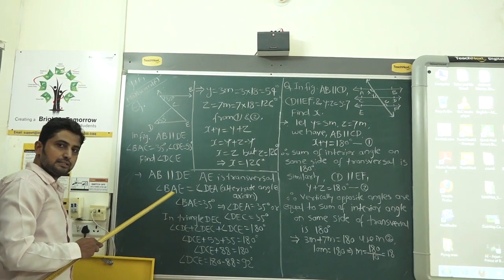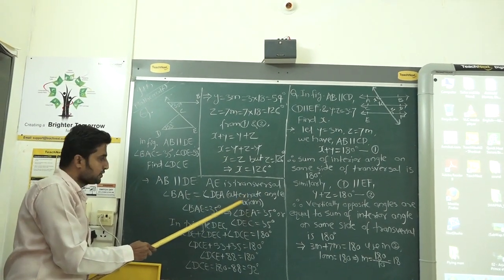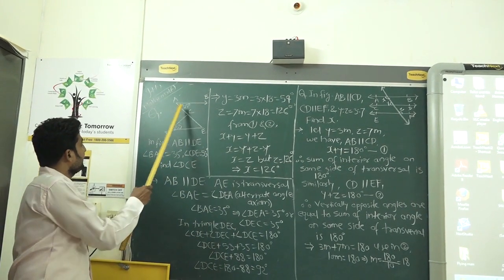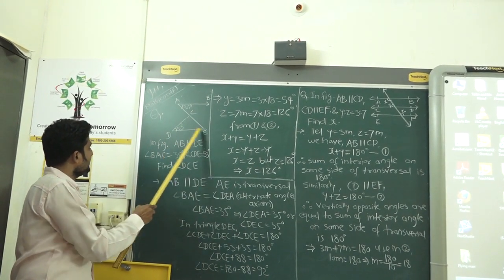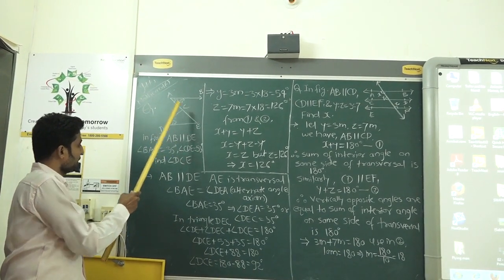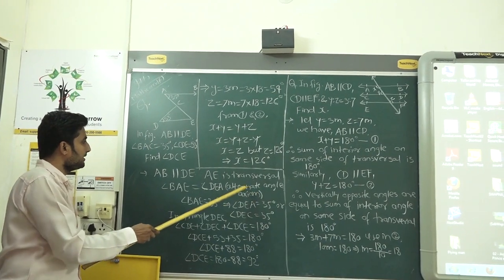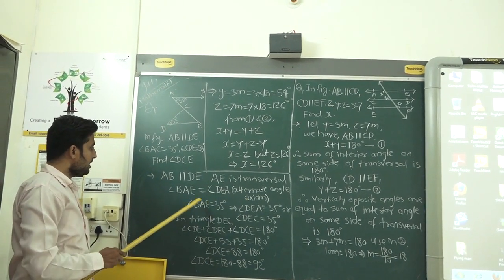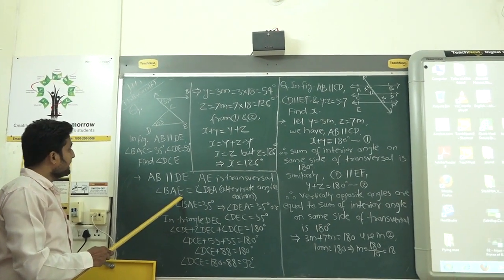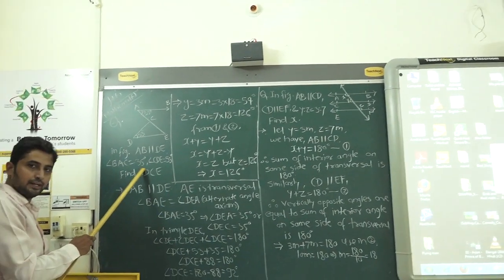Why do we equate this? The reason is the alternate angle axiom, right? BAE is equal to DEA. The angles made at A and E, we call the alternate angles, and we use the alternate angle axiom. So angle BAE is given to you. It is 35 degree.